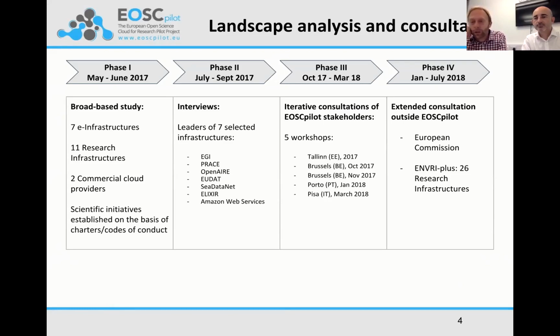Then we also sought external input. So the draft was shared with the European Commission and other large cluster projects that represent large communities as well, when the recommendations were rather firm. So I think we've done quite a lot of effort to try and make sure that the principles and recommendations that we've put forward are based on what the existing rules are for current infrastructures.